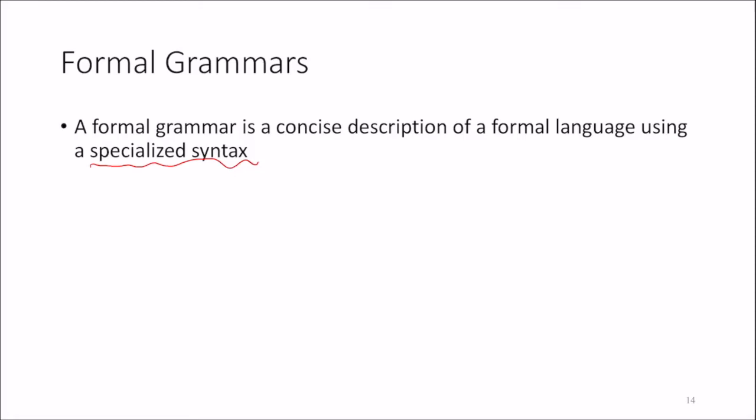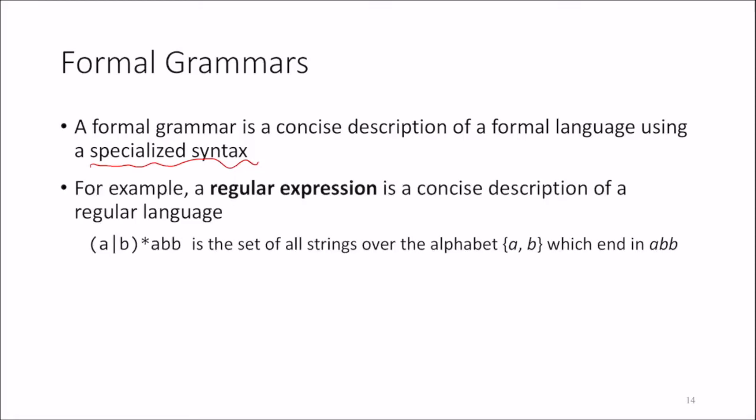So if I want to define a regular language, I could write down a mathematical set notation, or I could write it down using this special syntax, and then it's called a formal grammar. A regular expression is an example of a formal grammar, and each regular expression corresponds to a regular language.